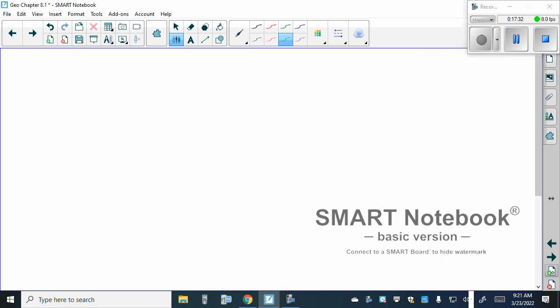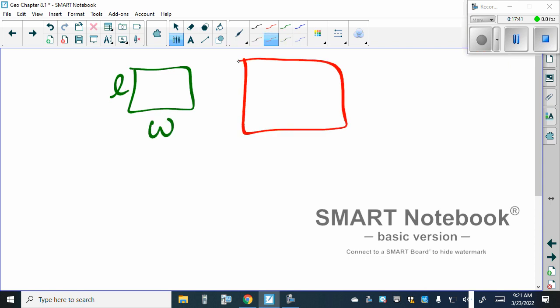And that makes sense in theory, and I can show it with rectangles. To make this easier to work with, we can say that this is 2L and 2W.